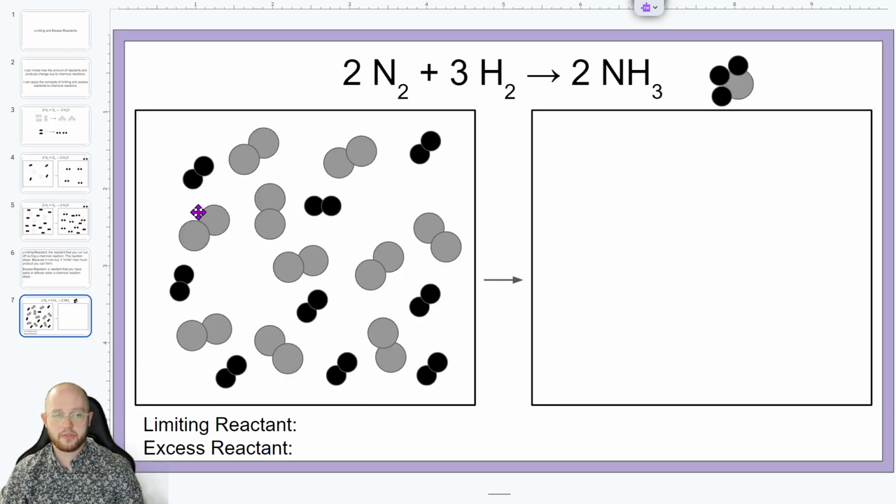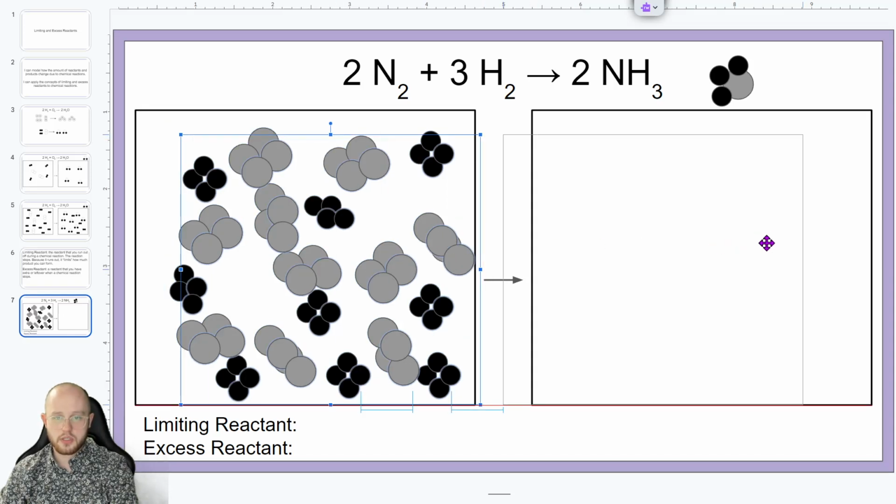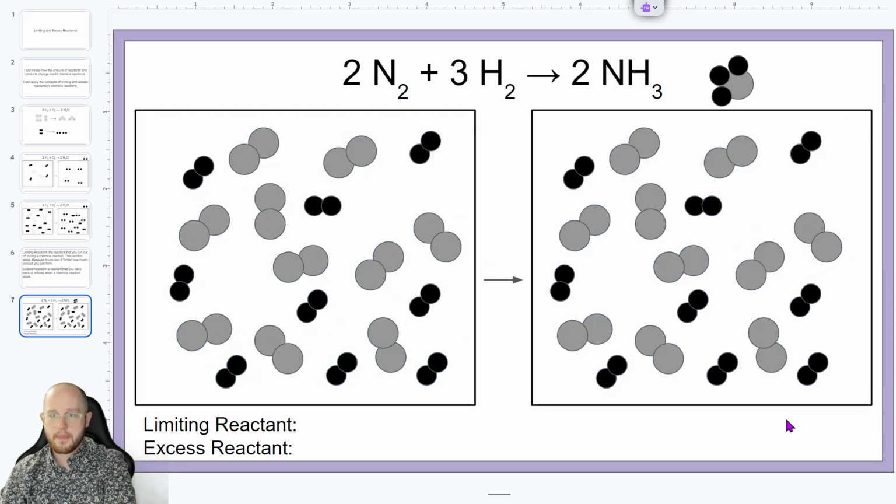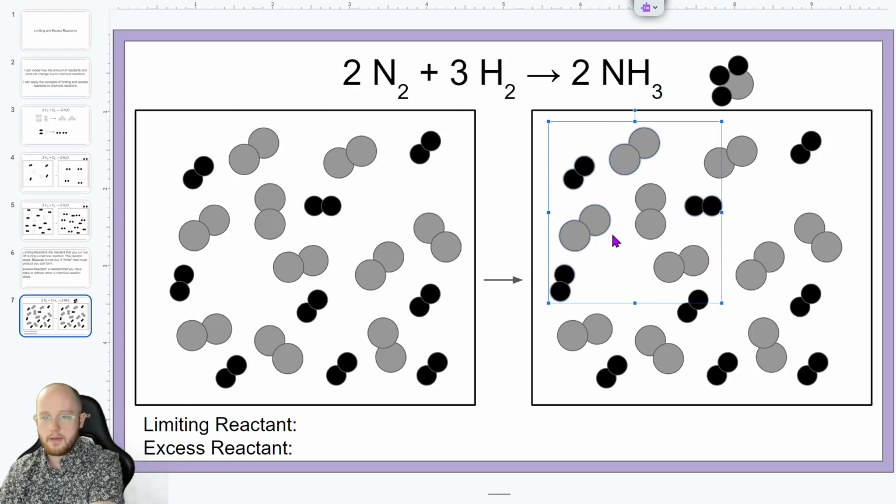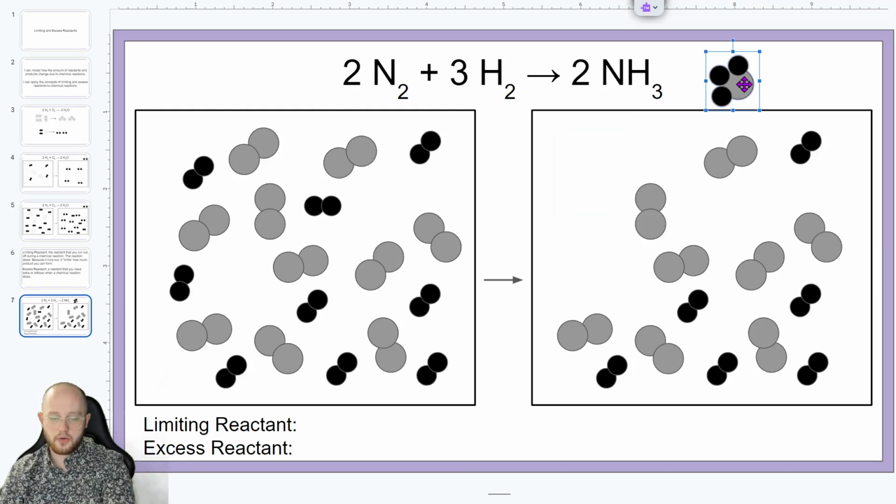We can apply it to another example. This time it's a different equation. I'm going to do the same thing at the start, which is make a copy. Based on this equation, I need 2 nitrogens and 3 hydrogen molecules. They can react, and they're going to give me 2 ammonia molecules.